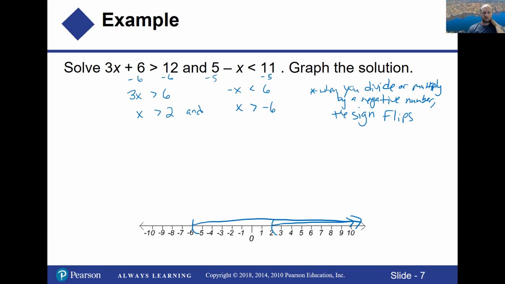Well, where do these overlap? Well, over here. So this time my answer is going to be in red for the graph. I'm going to have a left parenthesis at 2 going this way. So red is the answer.